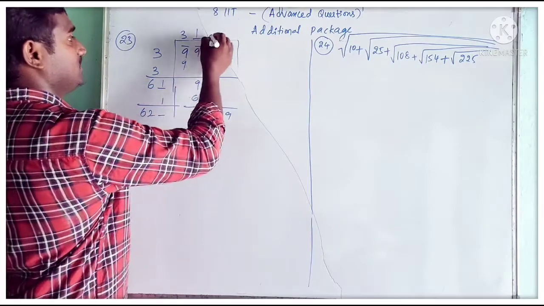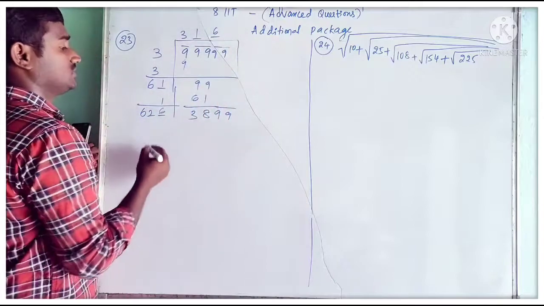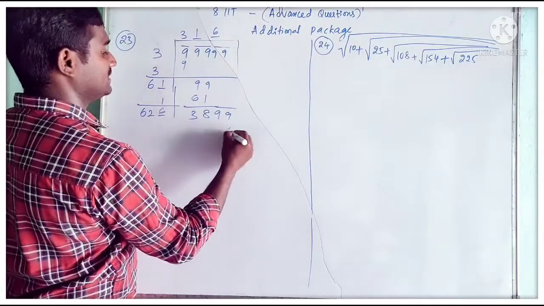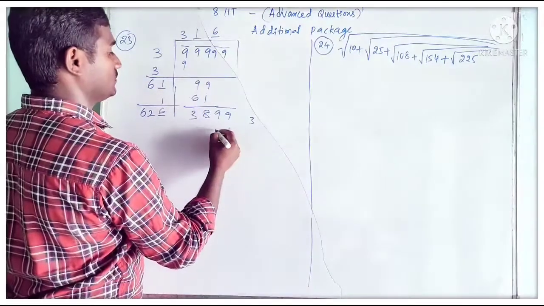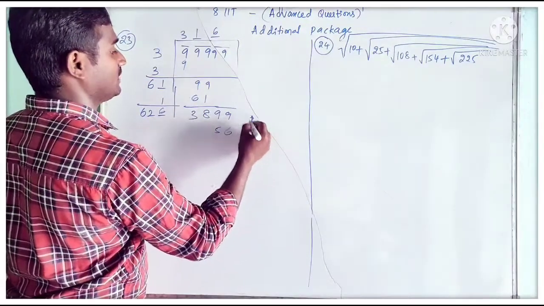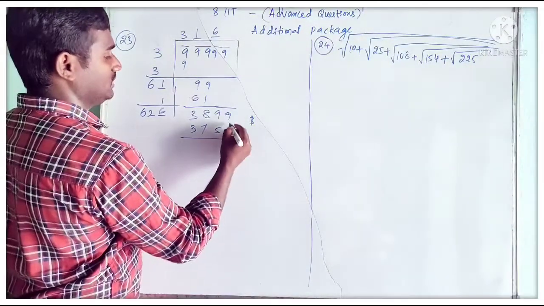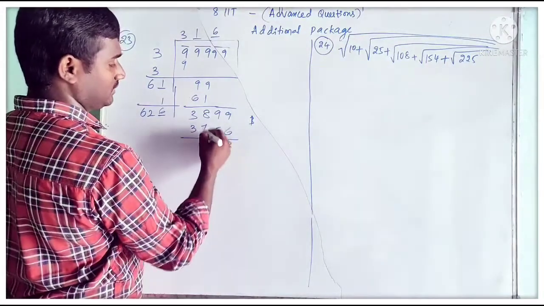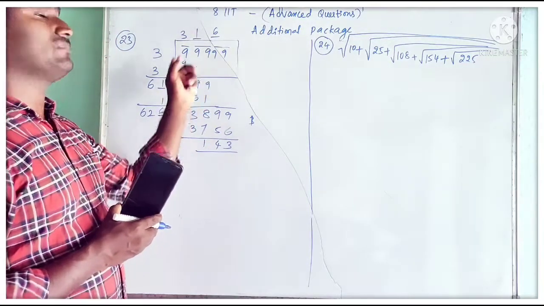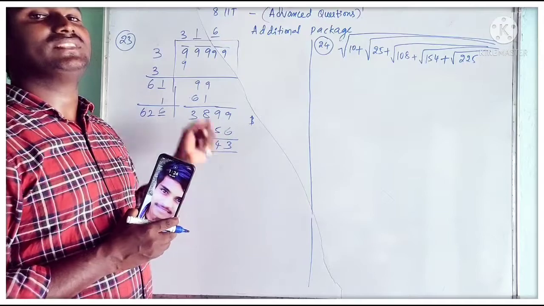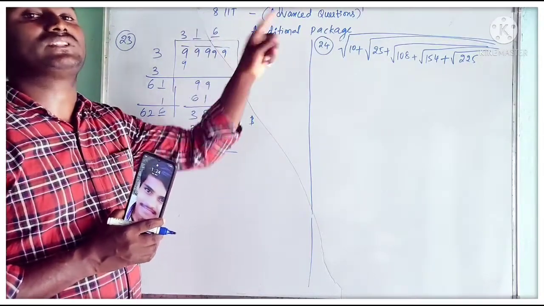Here 1 digit, here 1 digit. 6 into 6 6s are 36, 6 2s are 12, 12 plus 3 is 15, and 6 6s are 36, 37. So now 143. If you subtract 143 from the greatest 5-digit number, then you will get the greatest 5-digit perfect square.